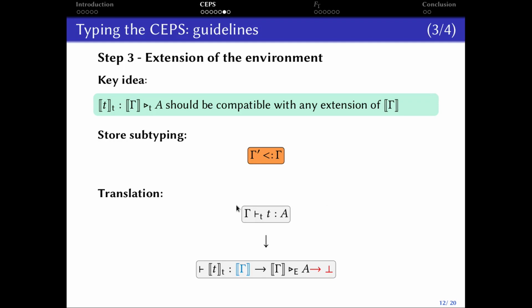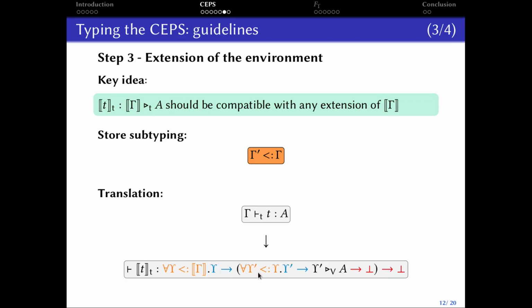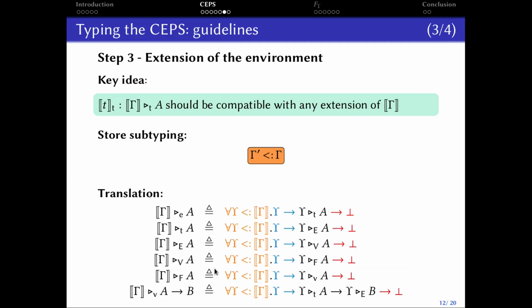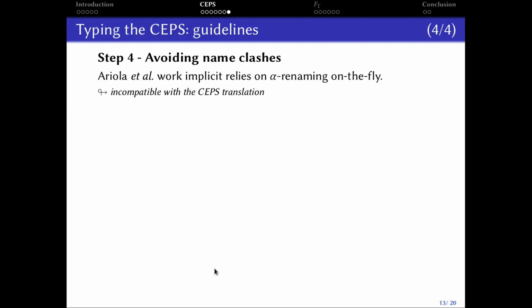About the translation, at that stage we were using this definition, and now we no longer want t to be waiting for a store of type gamma, but any store whose type is an extension of gamma. And again, this has to be defined recursively, so the continuation itself is waiting for an extension of that store, and we can define the translation at the 6 layers.